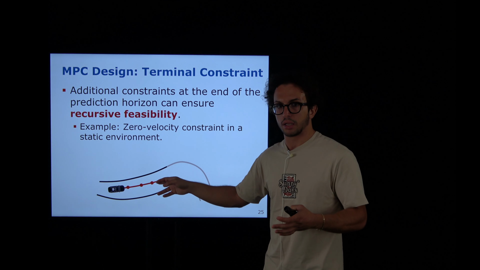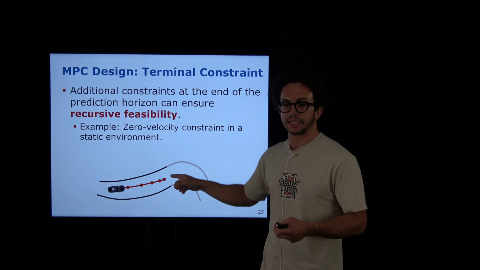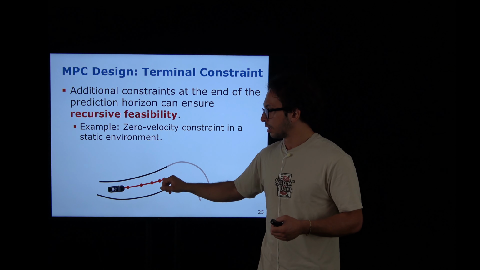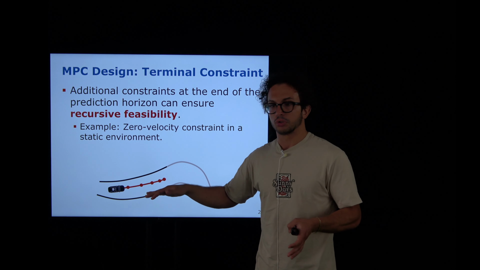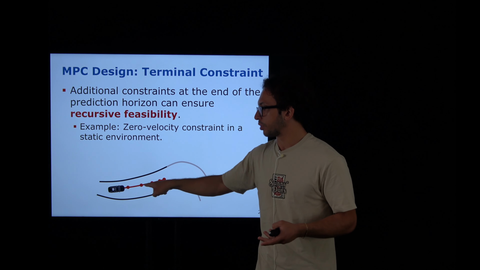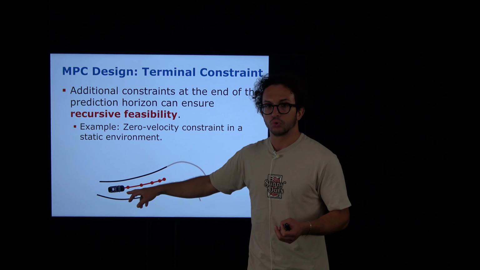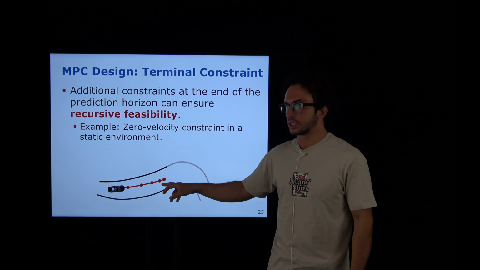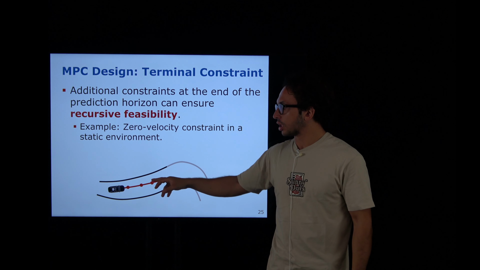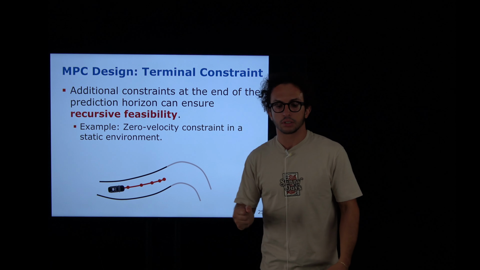So let's make an optimization in such a way that at the very end, so at the end of the prediction horizon, we want to stop. So basically we are solving an optimization problem where we have to compute a certain number of controls in such a way that the car stops at the end of the horizon.